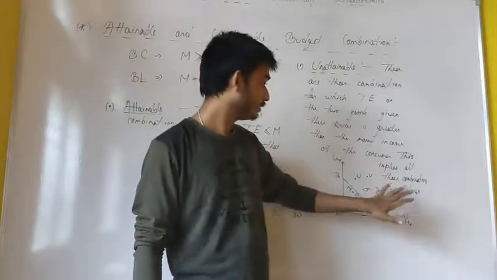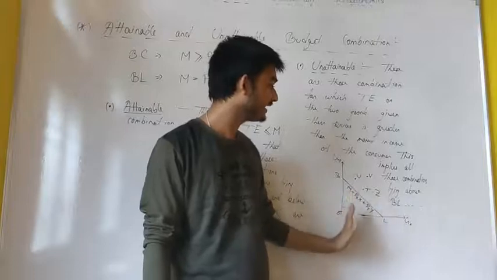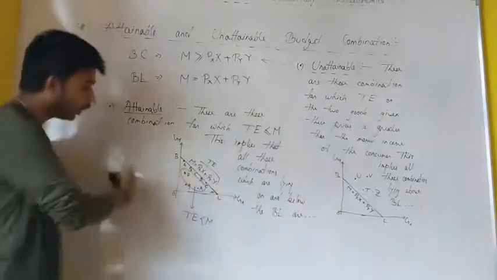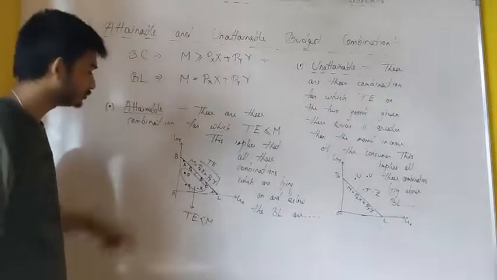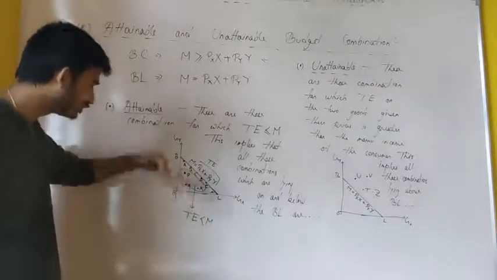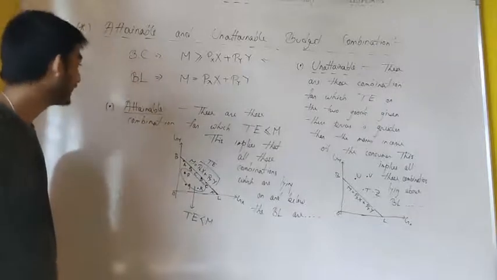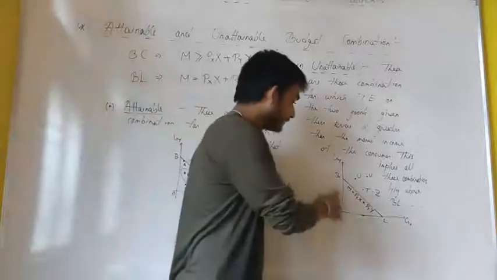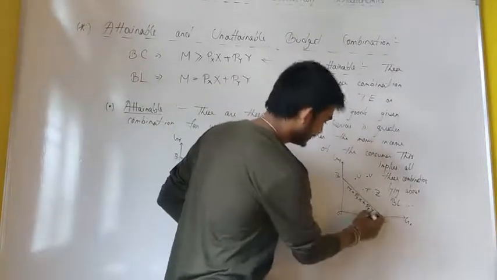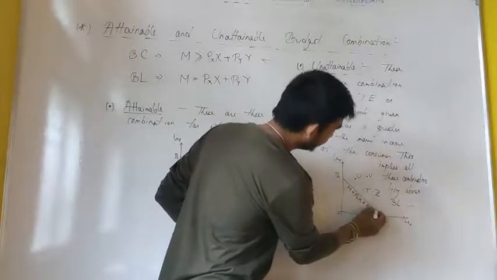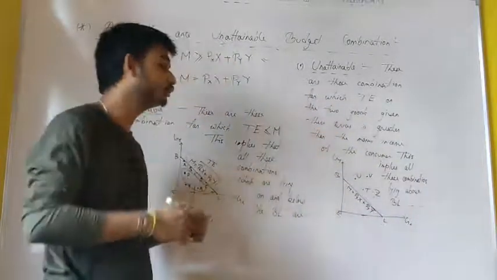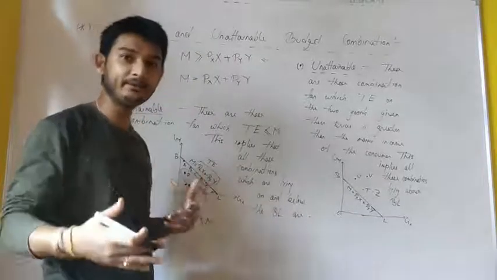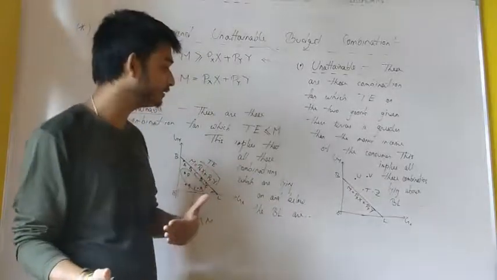So all those combinations which are lying above the budget line are the unattainable combinations, and all those combinations which are lying on or below the budget line are the attainable combinations. So basically the budget line is that line which separates the two domains, the attainable domain and the unattainable domain.